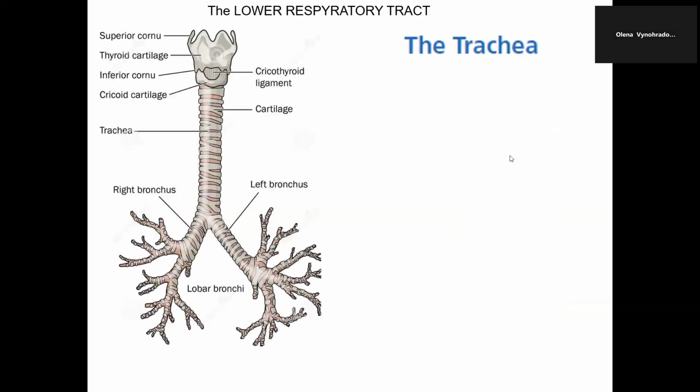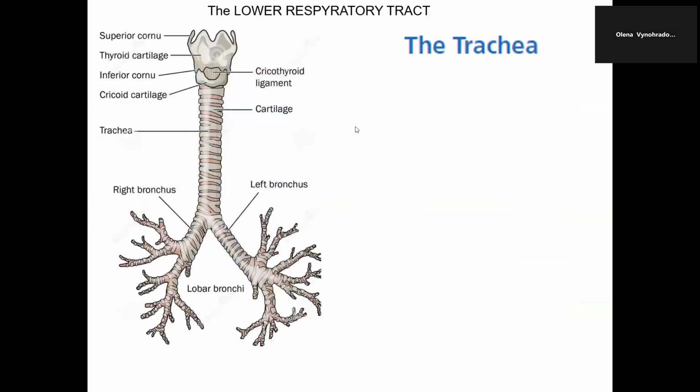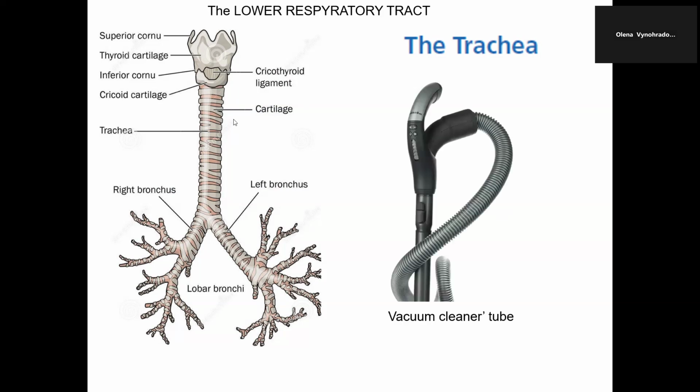Next, after our larynx, we move down, and we have the trachea. The trachea is also a system of cartilage. And I would always like to compare this cartilage structure with our vacuum cleaner tube.